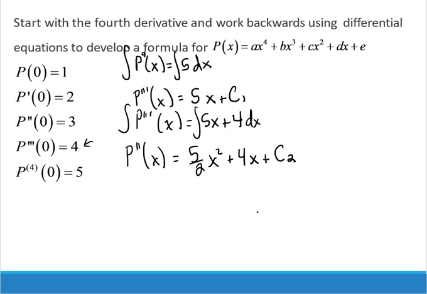Solving for when my second derivative is equal to 3 at 0, I plug in 0 for x using this point, and hopefully you see right away that the constant is going to be 3.